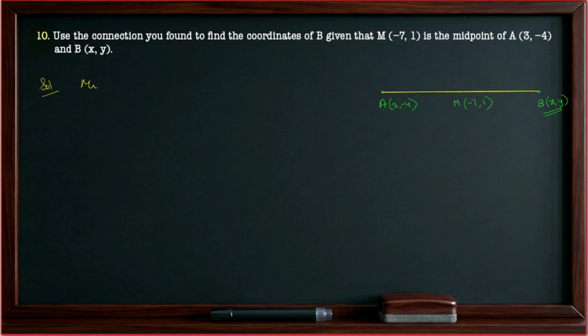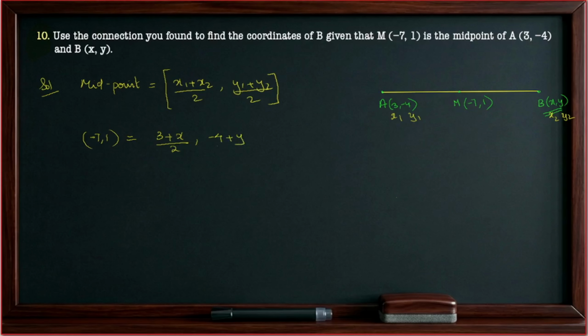So let's first write the formula. Midpoint formula is equal to (x1 plus x2) by 2, comma (y1 plus y2) by 2. Okay, now here in A, this one is x1, y1, and this is x2, y2. And the midpoint is already given, which is minus 7, comma 1, and that is equal to (3 plus x) by 2, comma (minus 4 plus y) by 2.